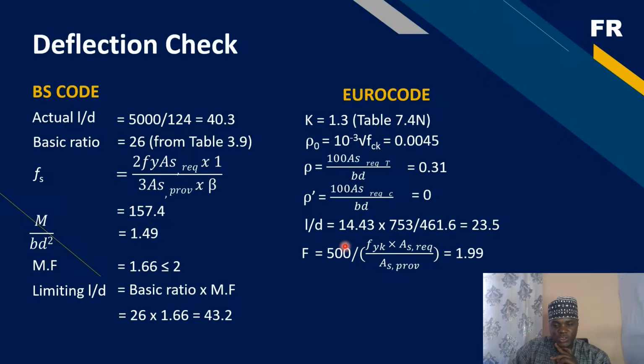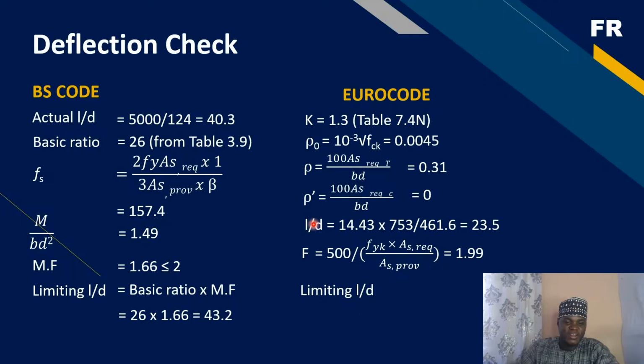Whatever you got here, you multiply it by the basic ratio. So if you substitute fy, our fy in this case was 410, then As required of 461.6 divided by As provided of 753. At the end of the day, you have 1.99.